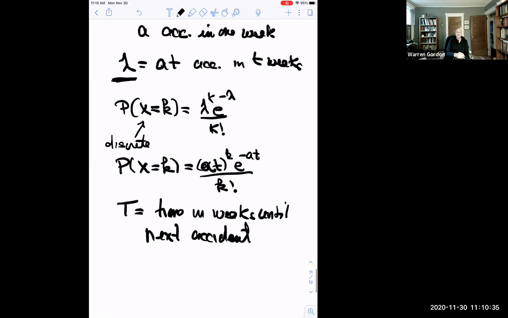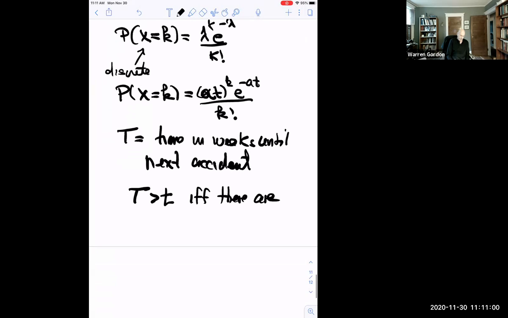The time could be anywhere, at any instant of time. So it's clearly a continuous random variable. Now, T will be greater than little t if and only if there are no accidents in the next t weeks.